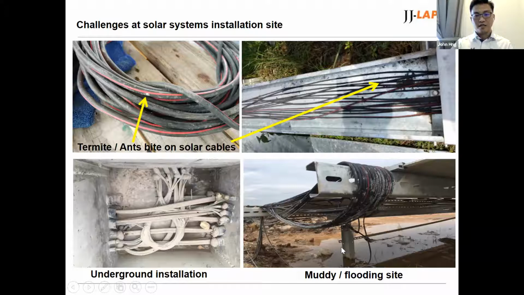This is a very muddy installation site, and this picture was taken in Malaysia, where it is common to have floods at the installation site for this particular project. This is what we are referring to.